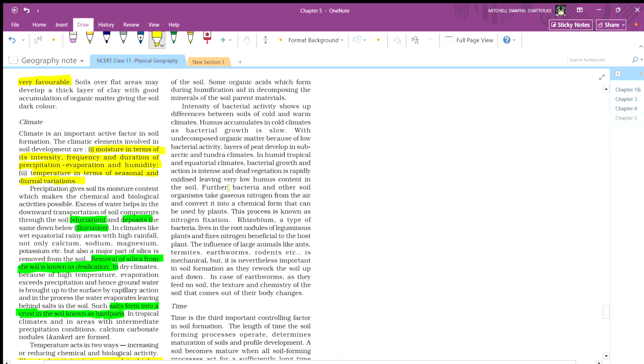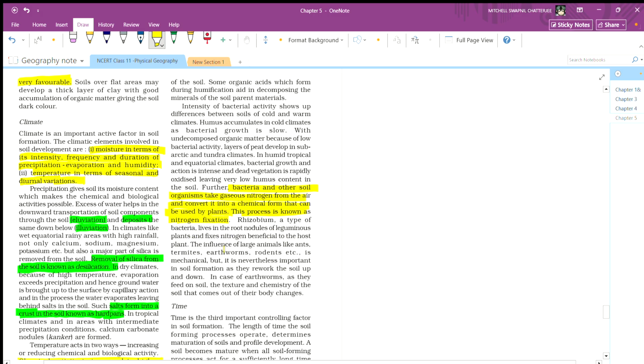Gram, or chana, is an example. Rhizobium is the type of bacteria that lives in the root nodules of leguminous plants and fixes nitrogen beneficial for the host plant.